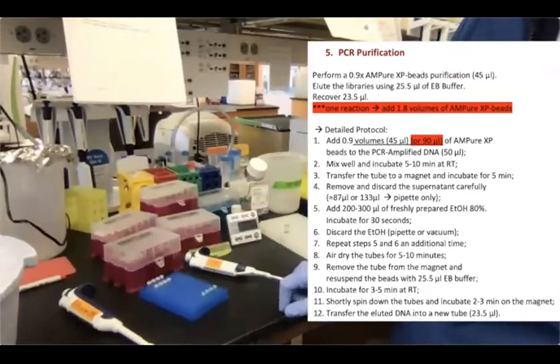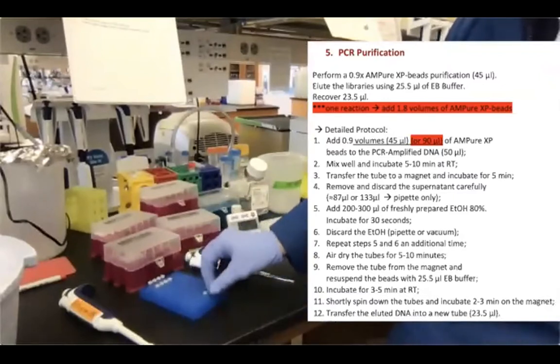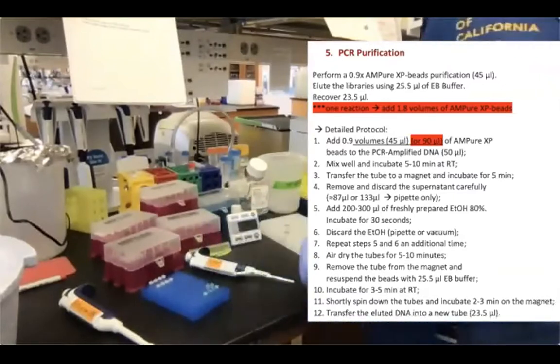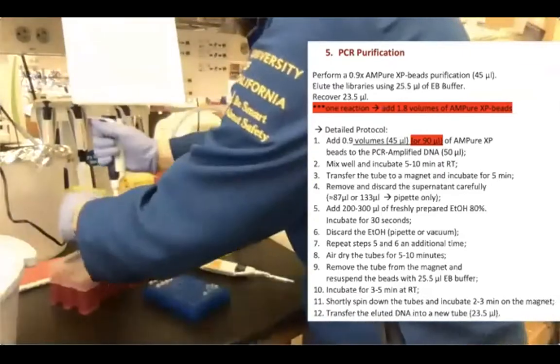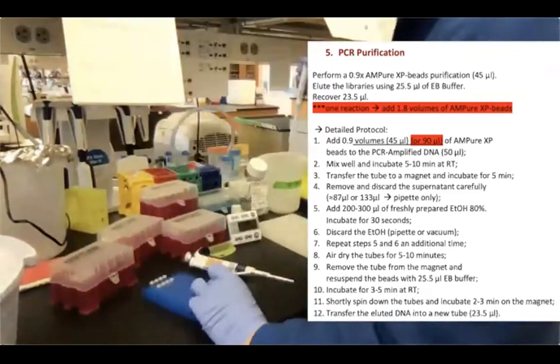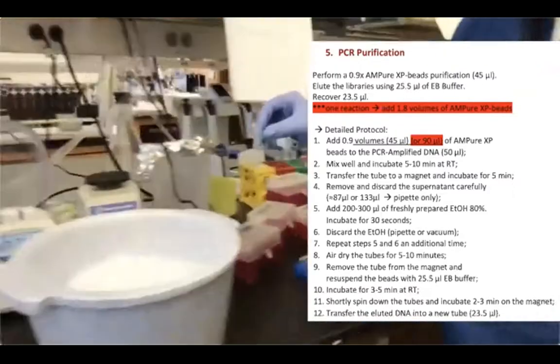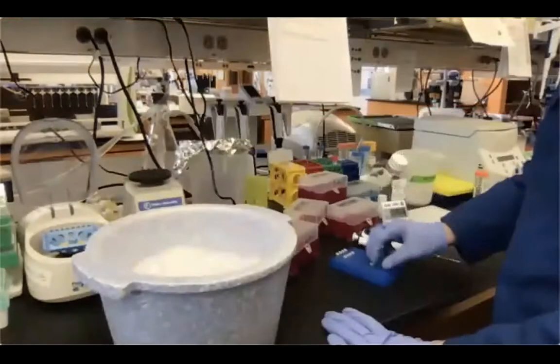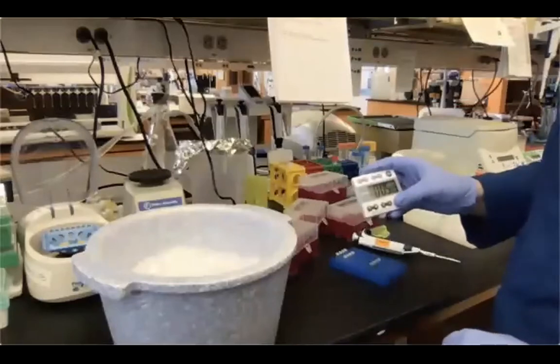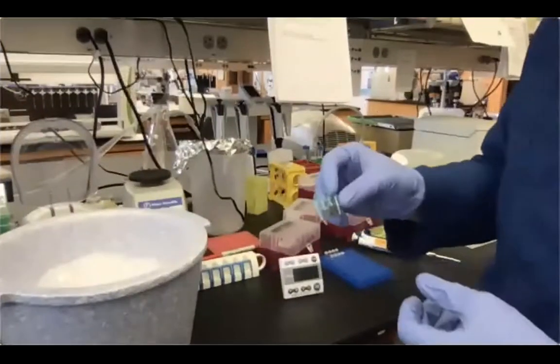So it's the same as before. We have 50 microliters now of PCR, and then we're adding 90 microliters of Ampure beads. Okay? So let's get started. And incubate for 5 minutes. Okay, so our incubation time is almost over.